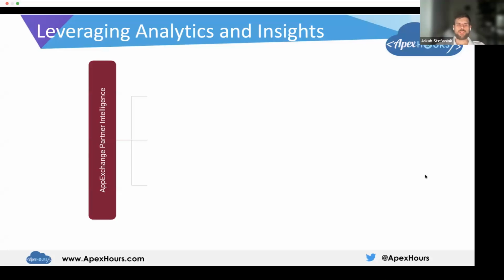Okay, last but going closer to the end, we have some analytics and insights which you can put in your product strategy. Salesforce offers us the partner intelligence tool, which covers 3 elements. The marketplace analytics gives us access to information on how many people open our listing and how they found it.